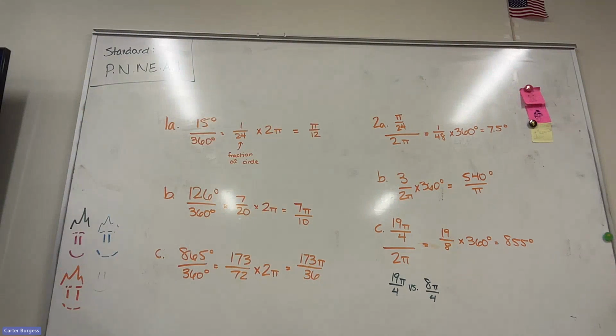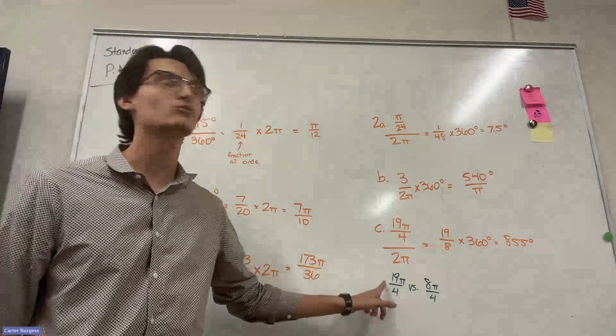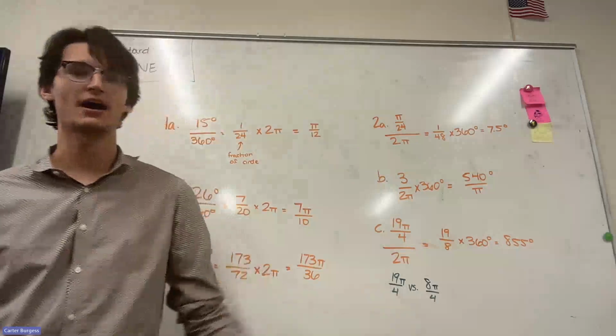And so we need a mechanism by which we can unrotate and get back to the useful information that we have. What could I do to unrotate from 19 pi over 4?